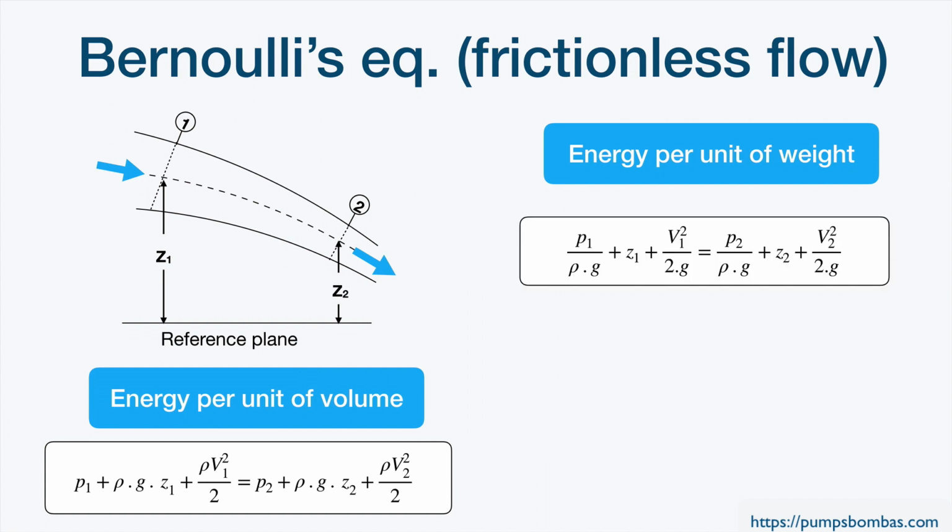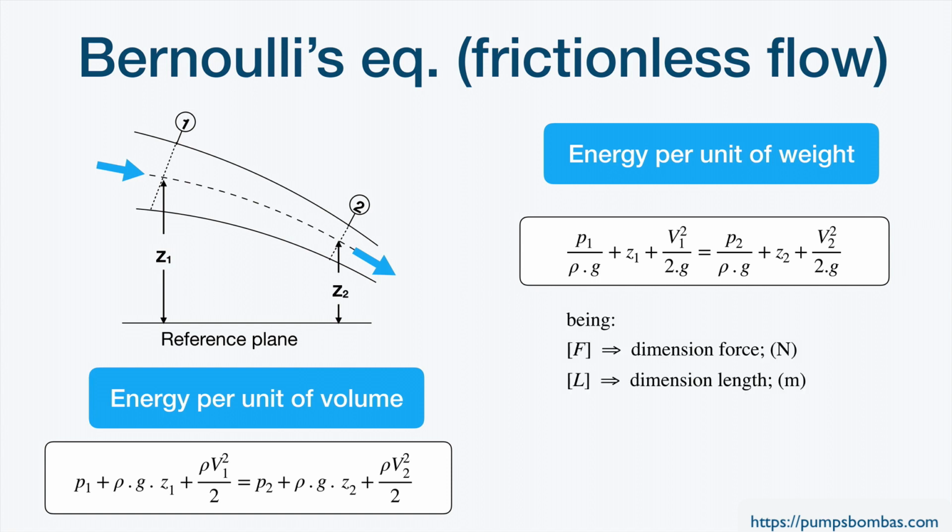We have divided the previous equation by the multiplication of density by gravity. So the terms of this equation are expressed as heights. That means that these terms are expressed as energy per unit of weight.